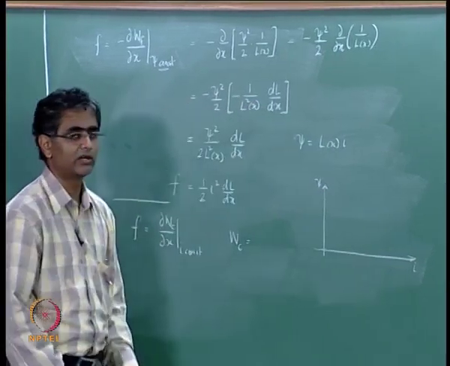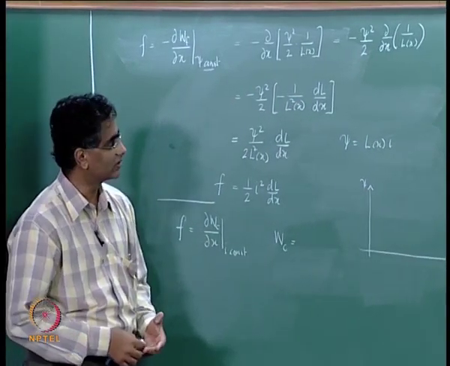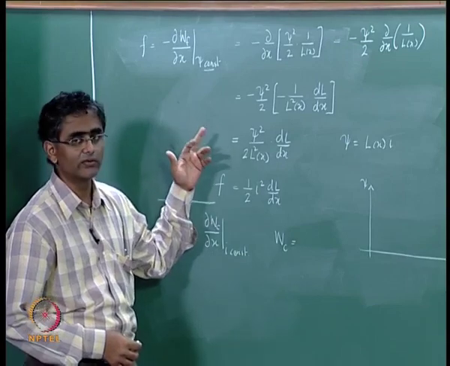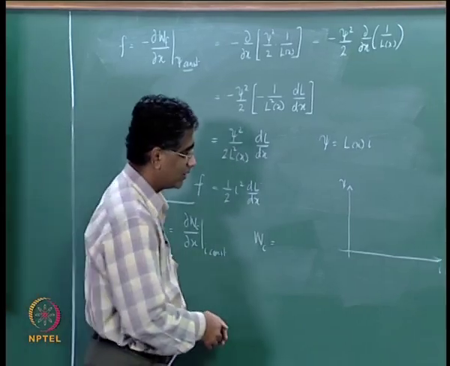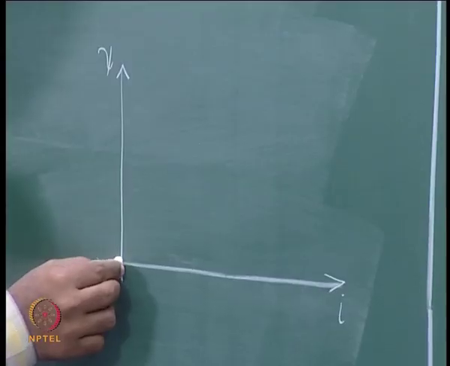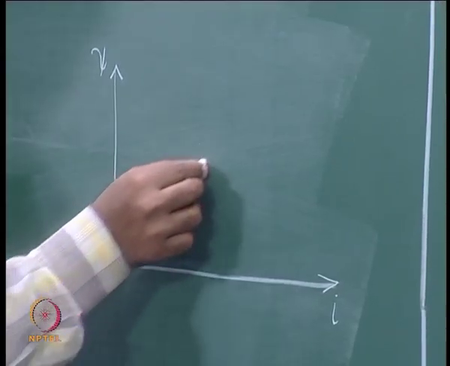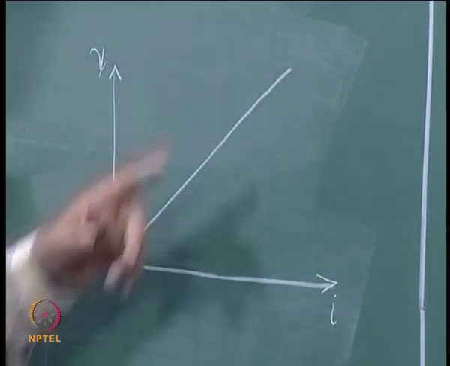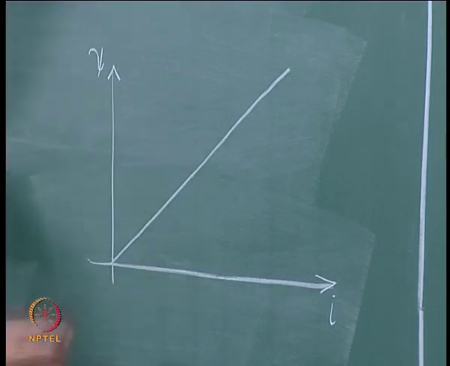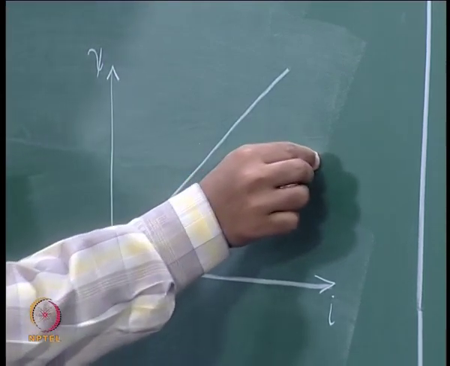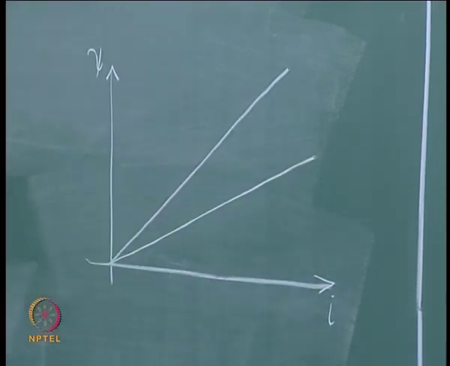We are expressing it in terms of an inductance coefficient and saying that the inductance coefficient is a function only of displacement, and therefore if it is only a function of displacement, this curve will be a straight line for a given position x. If the position x is going to change, then you might get another straight line for some other displacement.